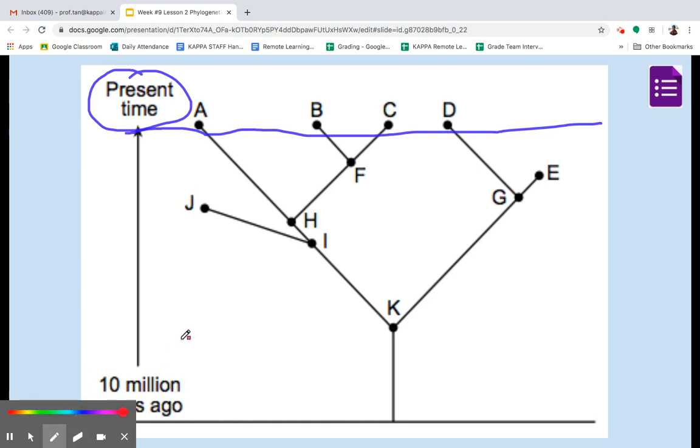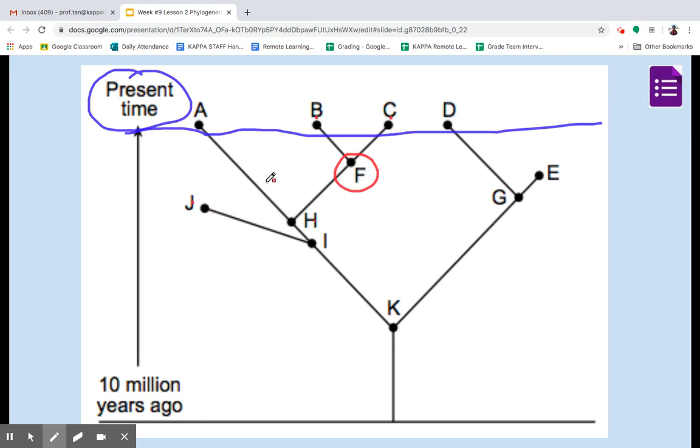Okay, now if we're looking, let's try species B and C. What would be a common ancestor of species B and C? We follow the lines, the common ancestor for B and C would be F. What if we were to look down here and look at J and H?